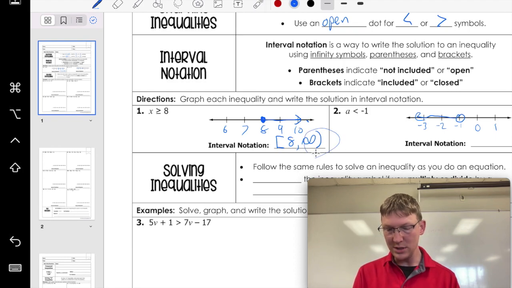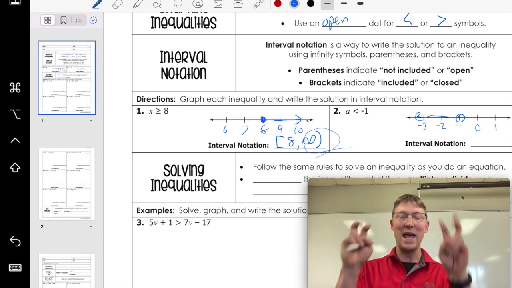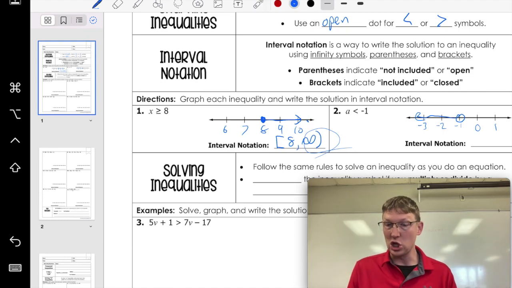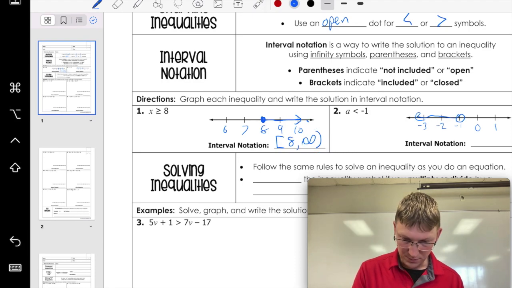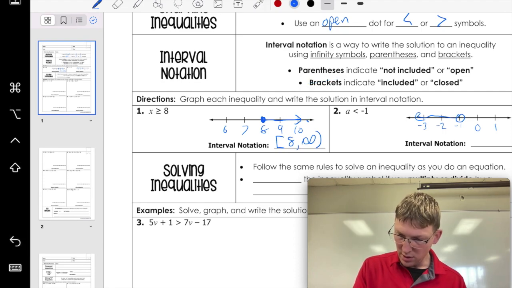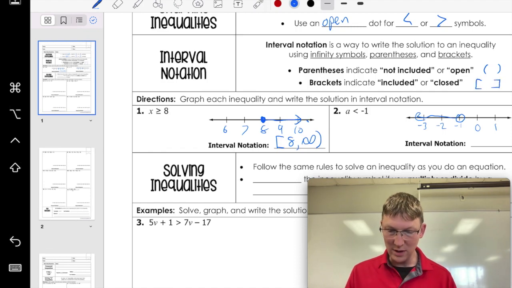Note that we always use a curved parenthesis for infinity, because you can't ever include infinity. It's a concept, it's not a number. Like, how do you have an infinite number of something? It's not a thing. It just goes on forever. So up here, the parentheses are these things, and the brackets are those things.